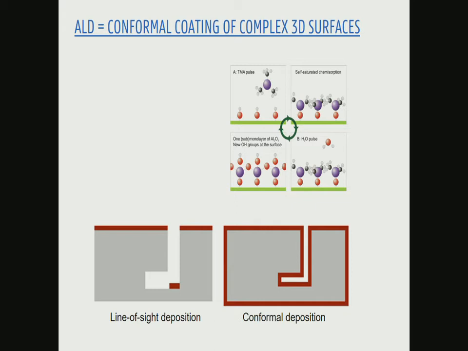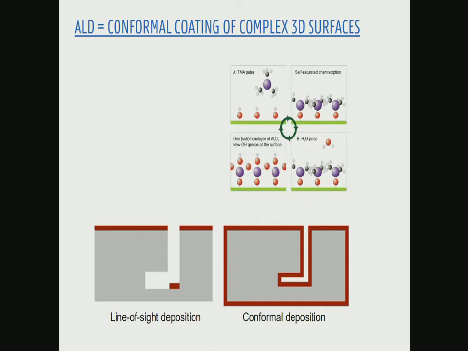No further reaction will happen here, and your gas has all the time in the world. Also, the molecules are not like aluminum, they don't stick immediately, at least not on this surface, so the gas can go into pores and into small cavities and around corners, and you can manage to deposit into very complex 3D surfaces.